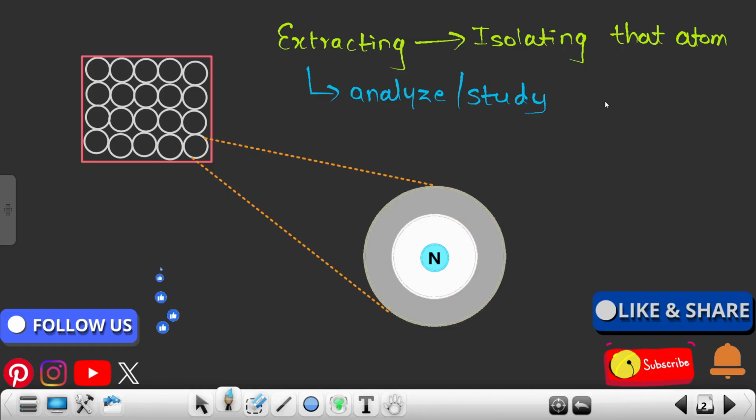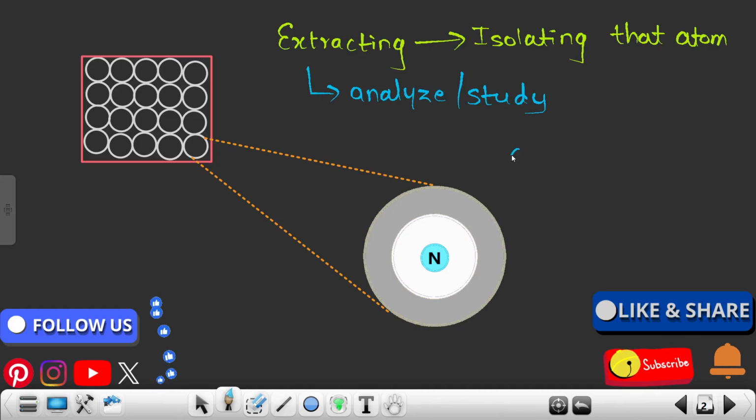Let me give you one example if you find it a little difficult to understand. During COVID-19, I hope you all know, or you might even have been infected with that virus as well, we were using this word rigorously: some patients had to be kept in isolation. What does that mean?